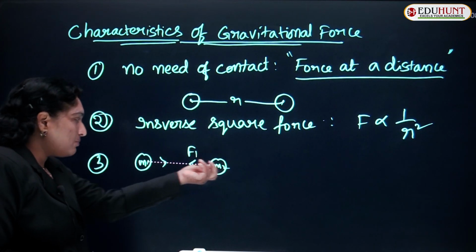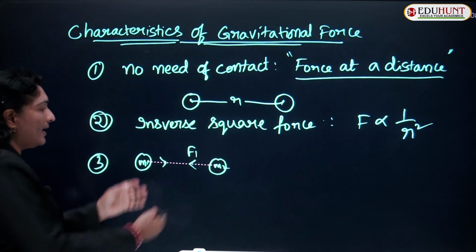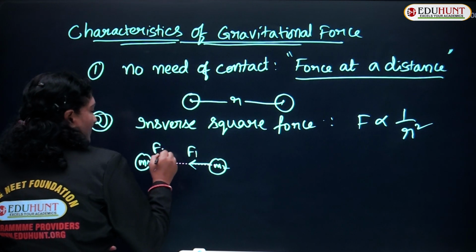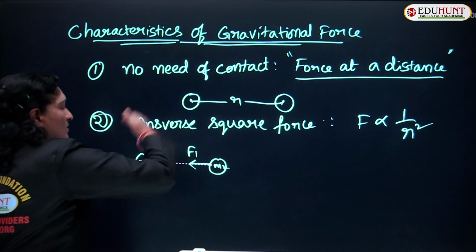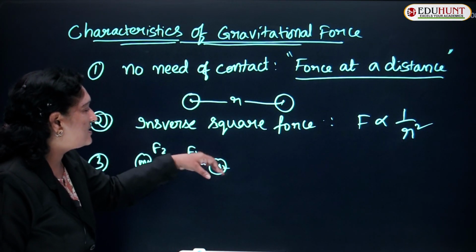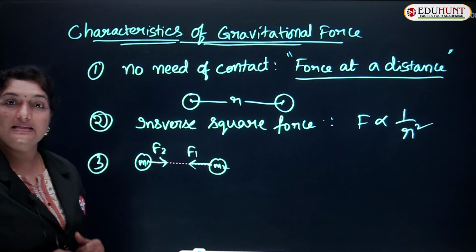M1 pulls the second body with some force, say F1, and M2 pulls the first body with some force, F2. The force acting on the first body due to M2 is F2, and the force acting on the second body due to the first body is F1.